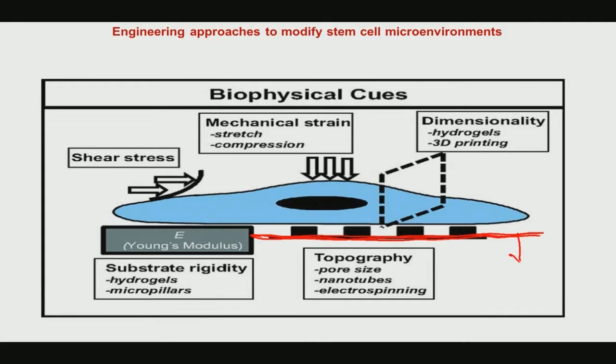This can be a hydroxyapatite substrate, which is ceramic and therefore elastically stiff, or it can be a steel substrate, which is even stiffer, because hydroxyapatite has around 70 to 80 gigapascal elastic stiffness, while steel has an elastic stiffness of 210 gigapascal. So, these are examples of elastic stiffness.